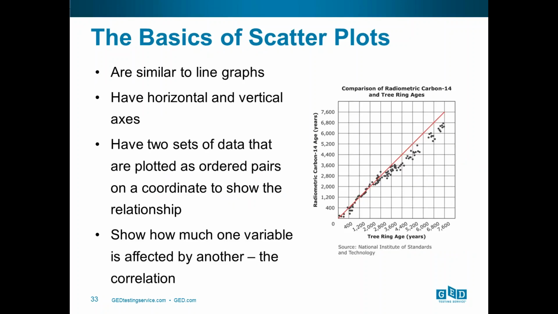There are usually 2 sets of data that are plotted as ordered pairs, and we all know that our students have had to deal with that type of graphing for a long time. And they show how much one variable is affected by the other. It's a correlation. So these are types of things our students need to be able to read and read well.